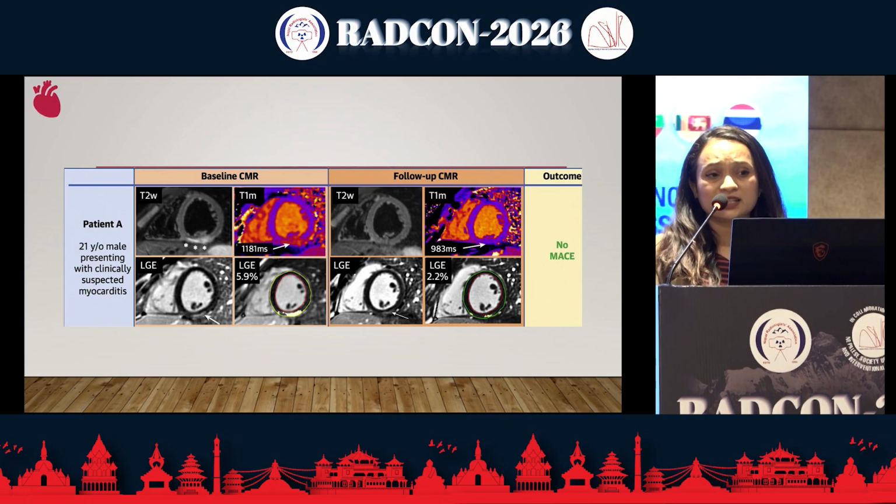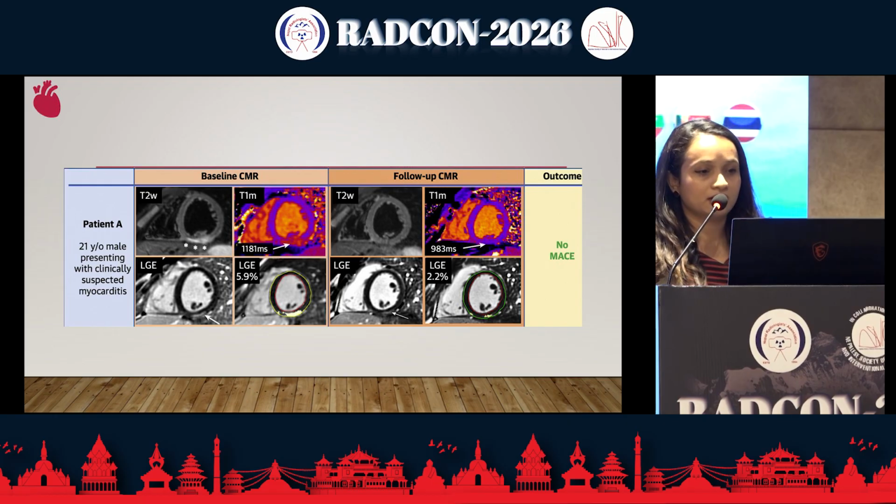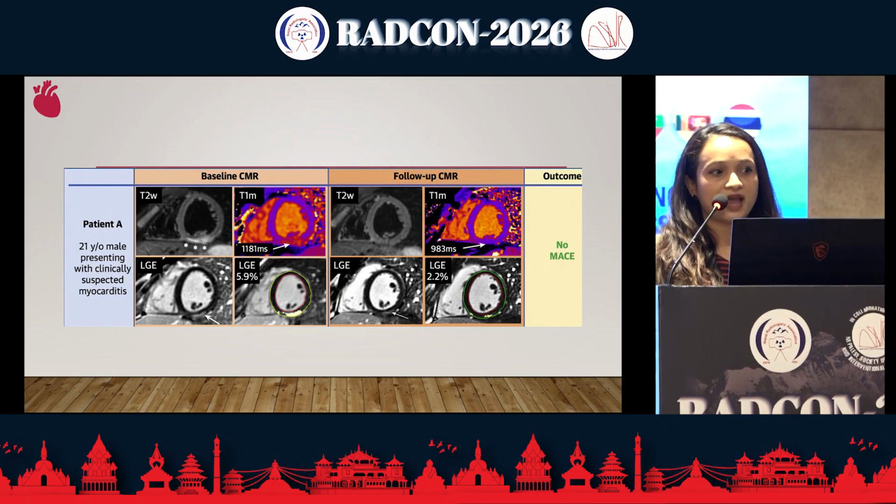This patient is a sportsman and he was advised to go back to his sports competitions. And again this case was followed up after 18 months, and he didn't have any major cardiovascular event in this scenario.